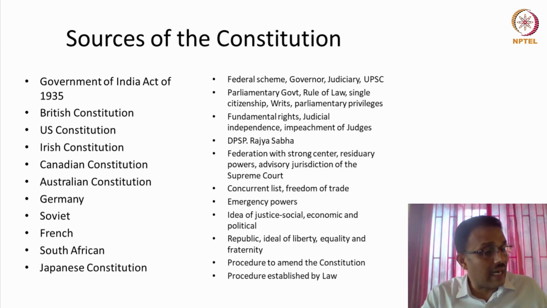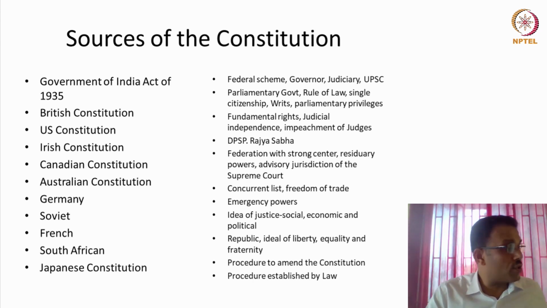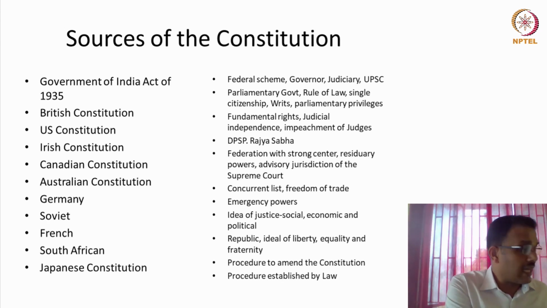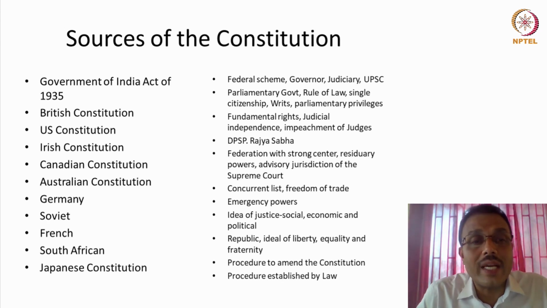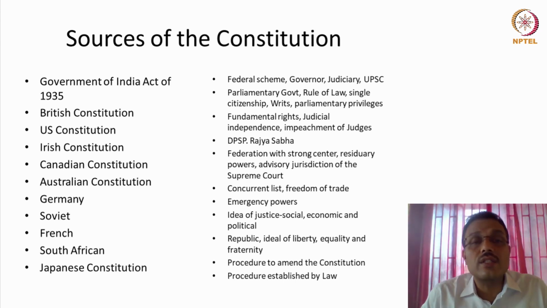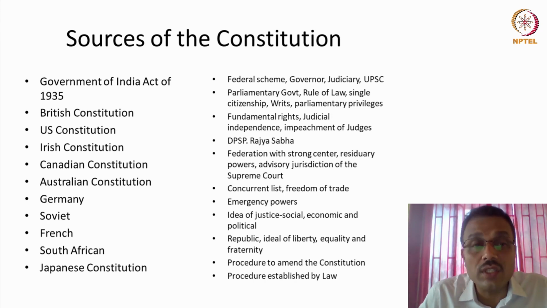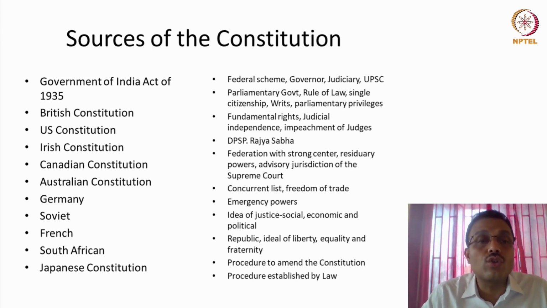So that is the kind of history to the Constituent Assembly. There are many such aspects that I'll tell you as we go further. But at this point of time, just quickly to cursorily look at one. Please note, where did the idea of federal scheme, governor, judiciary and public service commission come from in the Constitution of India? I think the credit should go to the Government of India Act of 1935.